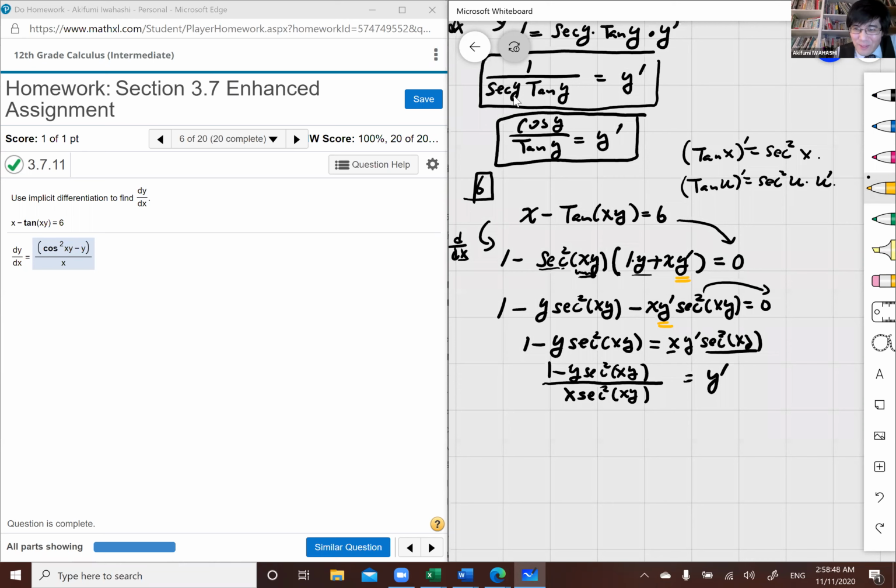So from here, I did something different, but basically you can get my answer by multiplying top and bottom by cosine square of xy. Then cosine times secant cancel each other because they are reciprocals. And when you expand this one, this part will also disappear, and you get cosine square of xy minus y over x.